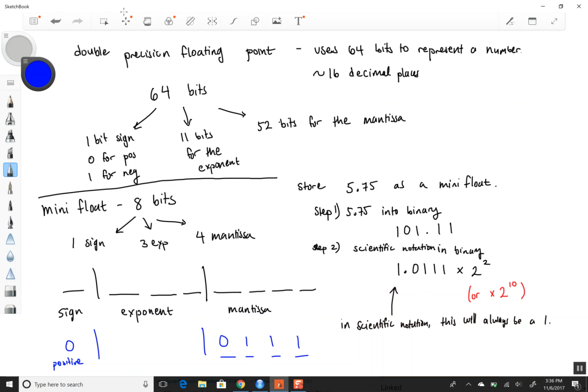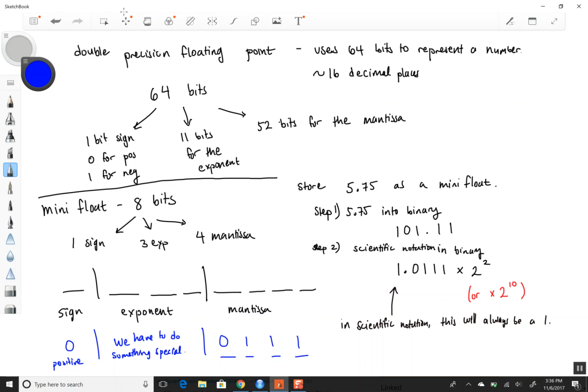We have to do something special to the exponent though. So we would raise it to 2 to the 2, but I'm not just going to write 0, 1, 0.